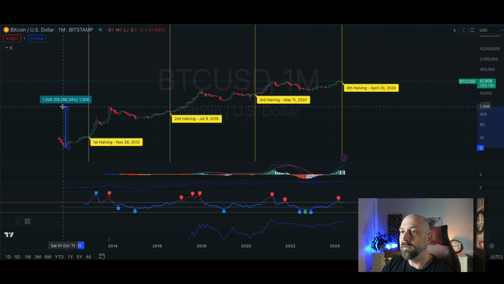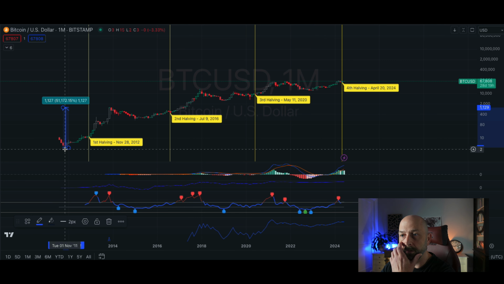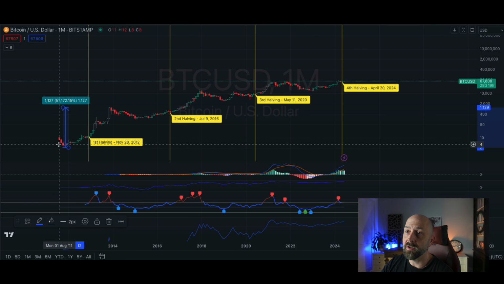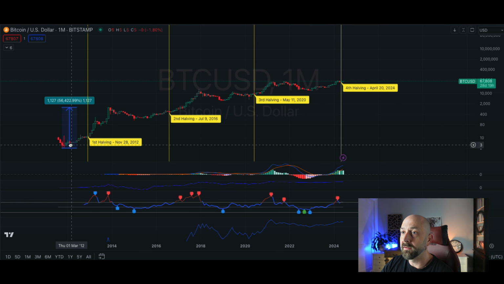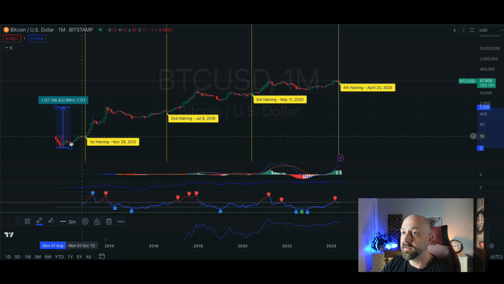If you got in here in November 11 at the bottom of this area, and Bitcoin did trade below this, but there's not a lot of data on that, so let's just say this is the bottom of the cycle, there's a 51,000% return from the bottom of the market to the top of this, if we call this the cycle.